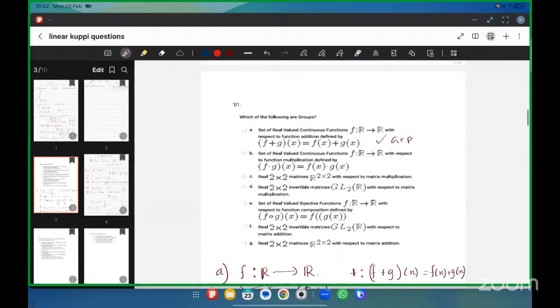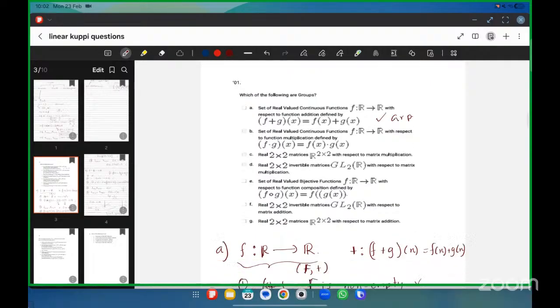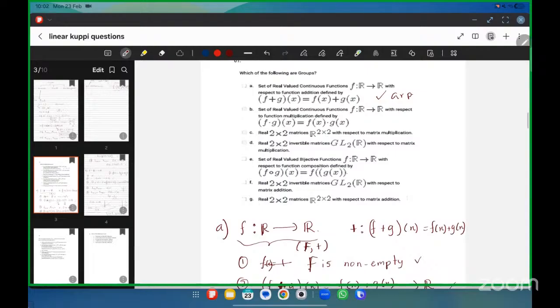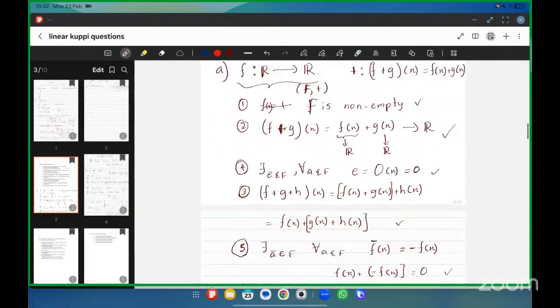We'll look at only one more example. Okay, we look into F1: real 2 by 2 invertible matrices, GL2, with respect to matrix addition.